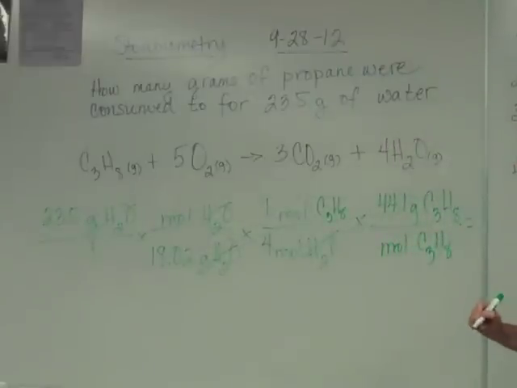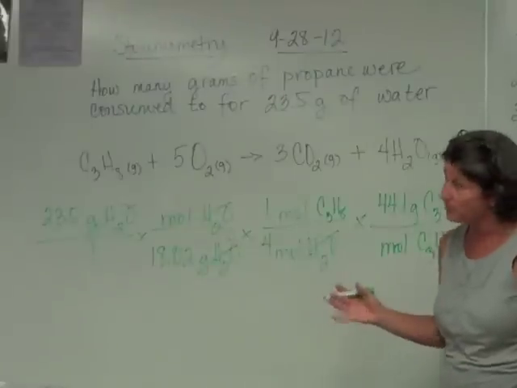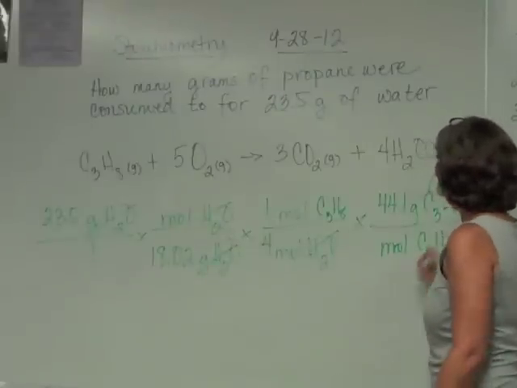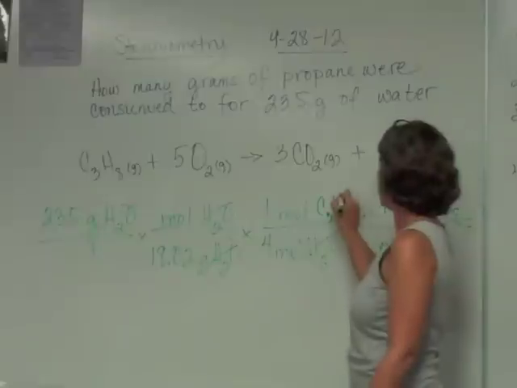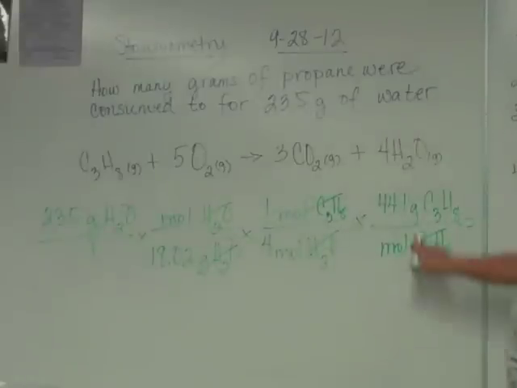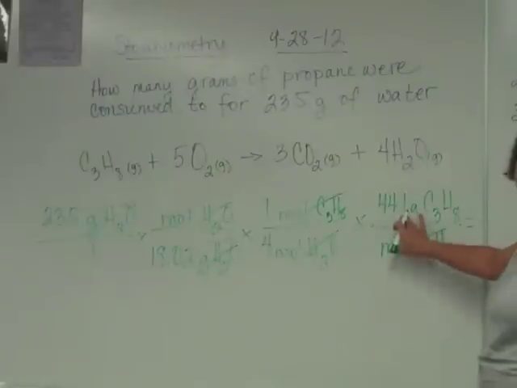Do I have this set up correctly? Do all of my units cancel? That's what I need to look for. So my moles of propane cancel. I have grams in my numerator. That is my only unit that does not cancel, and that's what I'm looking for. That's my unknown. So I am set up correctly.